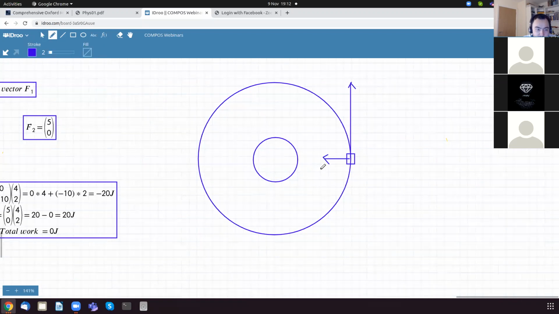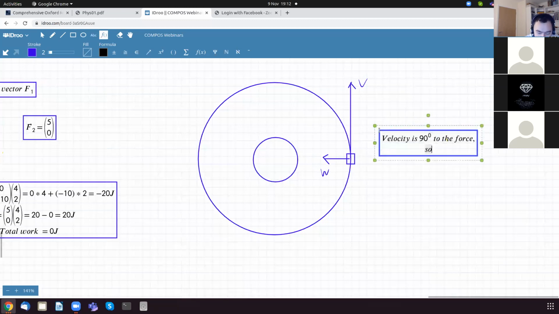So the velocity is 90 degrees to the force.